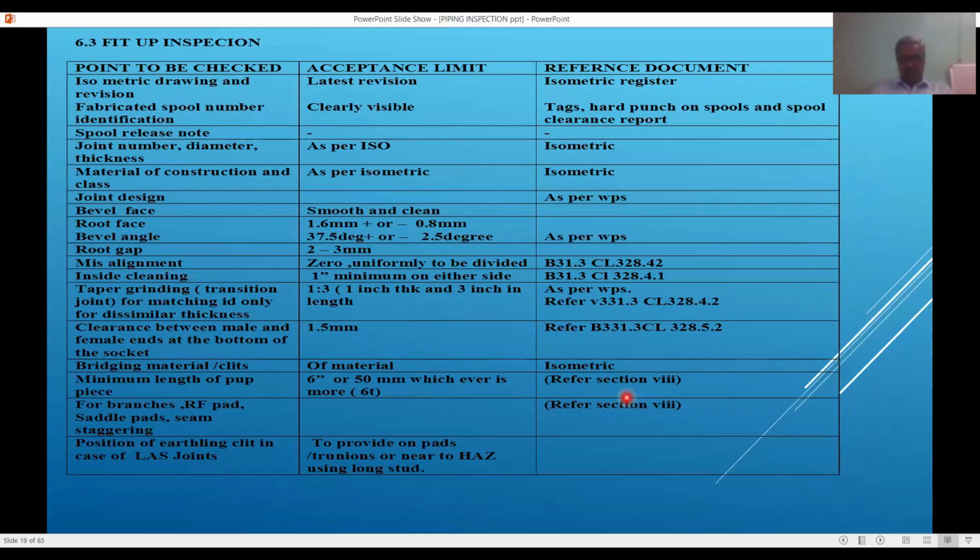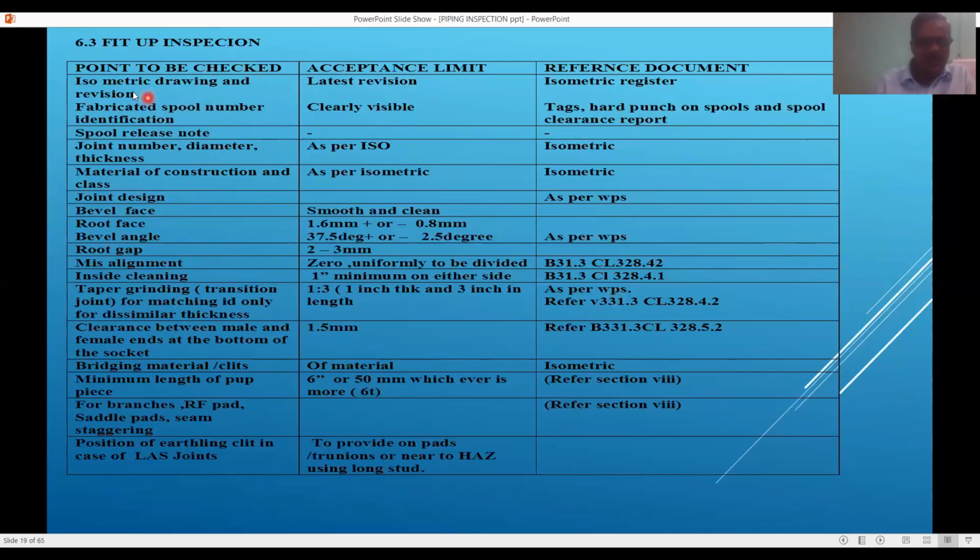Now, when any engineer goes to the field for piping inspection, these points should be checked. That means these points are to be inspected within the acceptance limits, with the reference documents.